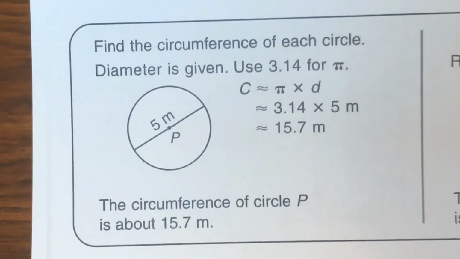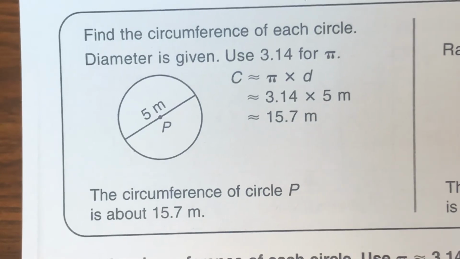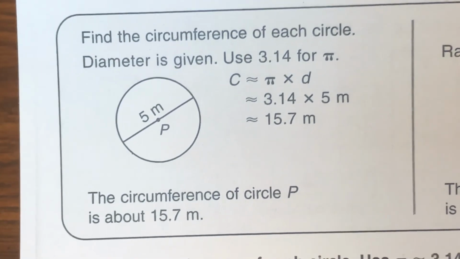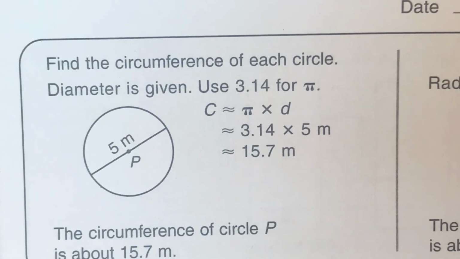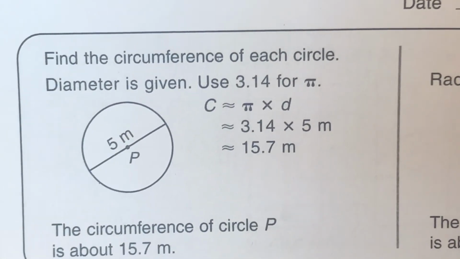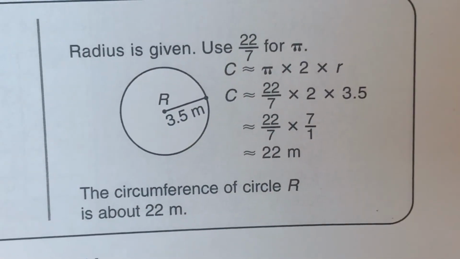The good news is, right here at the top of the page, they have the formulas for you. If you have the diameter, it shows you right there: C equals pi times diameter. Then all they did was plug in the numbers just like I showed you. Right next to it is the formula for radius.